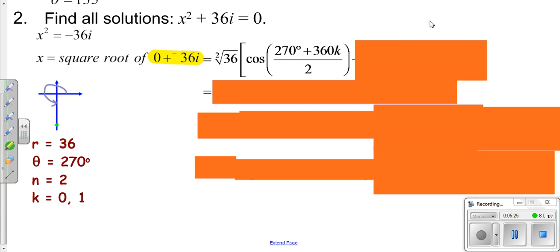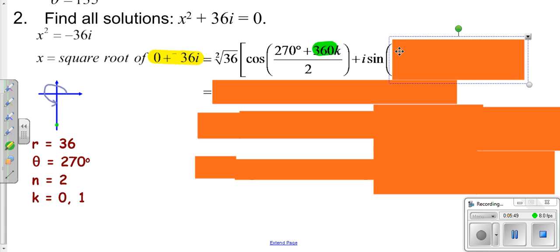Now there should be a degree symbol right here after the 360. If you had this in 3 pi over 2, you would have to replace this 360 with a 2 pi. So that's the change you have to do if you're dealing with degrees, is change your 360 to a 2 pi. Now, whatever we have after our sine here, we go plus i sine, is always identical to this here.